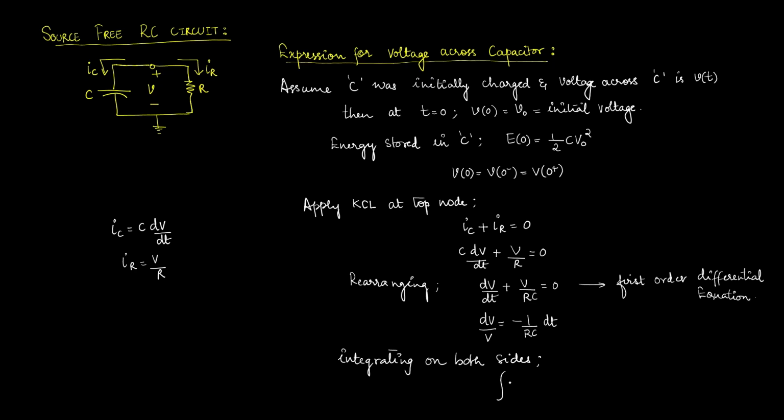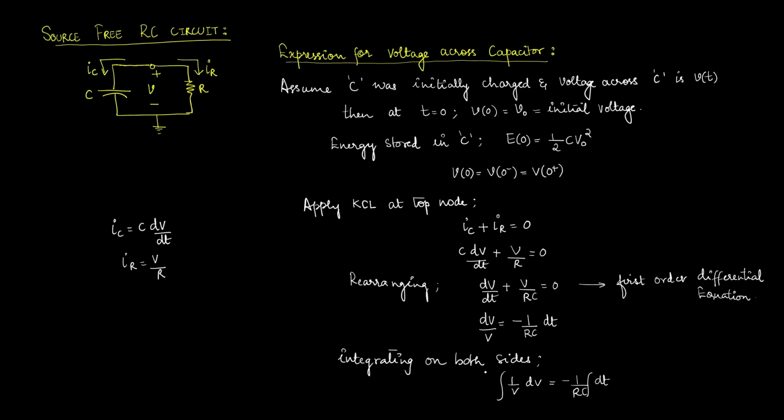This can be written as integral of 1 by V dV equal to minus 1 by RC integral of dt. Since this is the integration of 1 by V into dV, it can be represented in terms of ln, that is ln of V equal to minus t by RC plus ln of A. This corresponds to the integration constant.